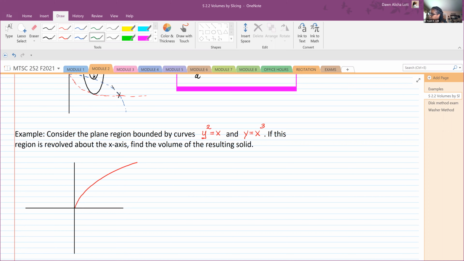It looks like this. So this is y equals x cubed. And this one, I'm going to fix it. It becomes y equals the square root of x because I need everything in terms of x for this problem.